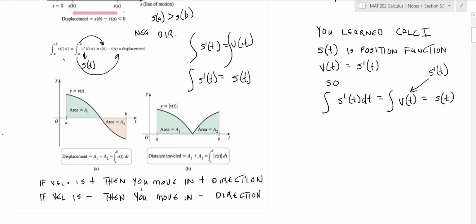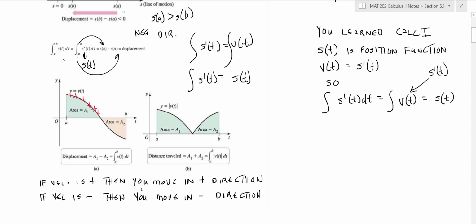I'm going to use these diagrams to explain what I mean. You want to tie in everything you learned about graphing, derivatives and integration in Calc 1. This is the velocity function. This curve right here is the graph of the velocity, and it has function values. Right now, the value of the velocity is positive.